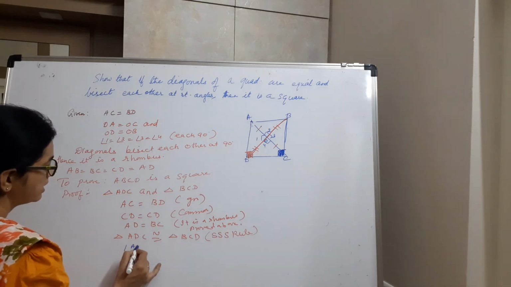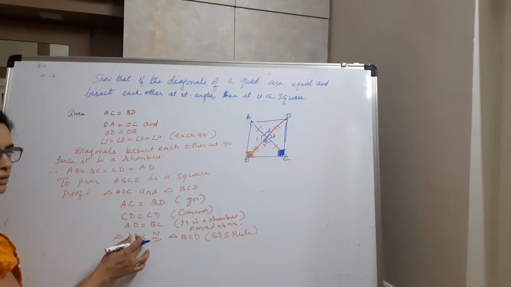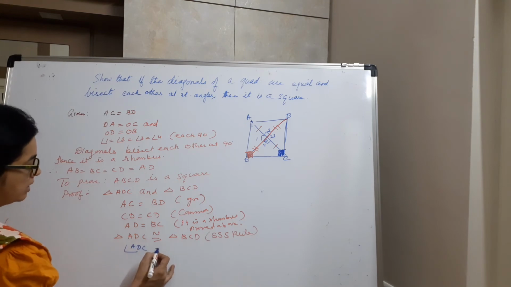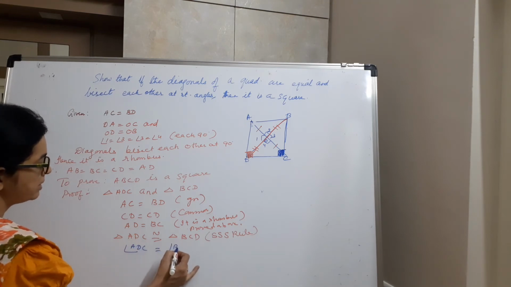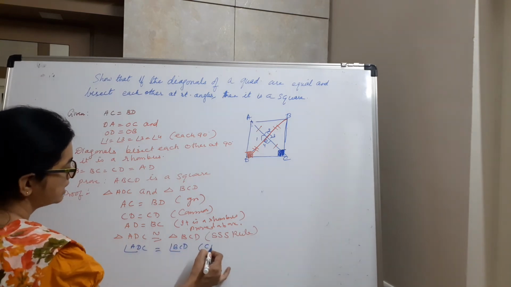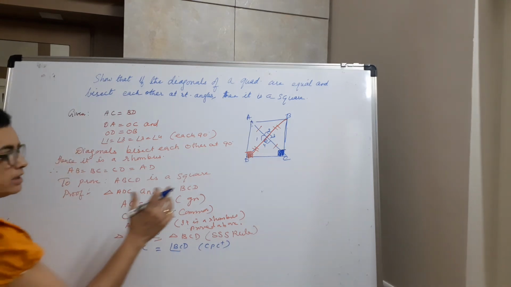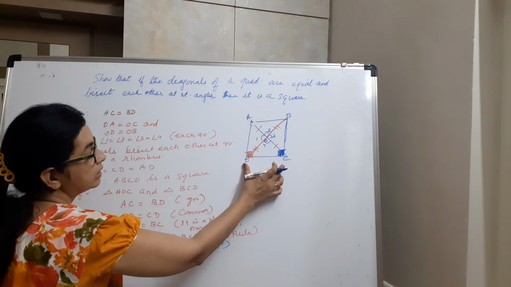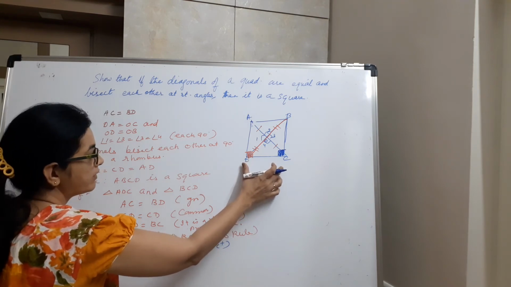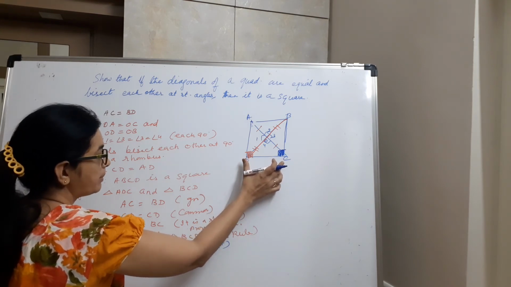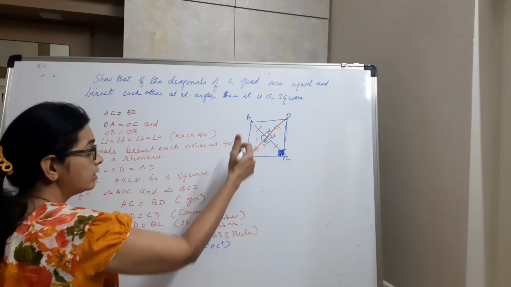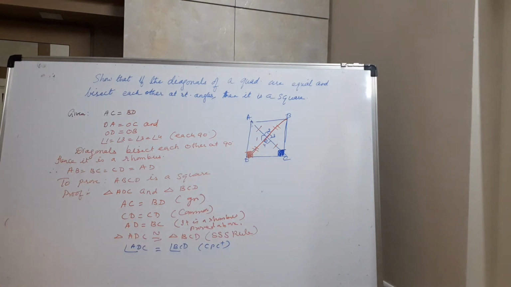Angle ADC is equal to angle BCD, by CPCT. But can you realize that these angles have some application with the parallelogram? They will form a property with the parallelogram.